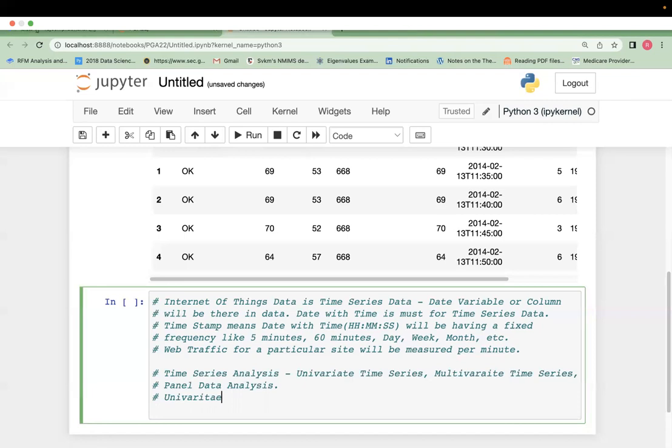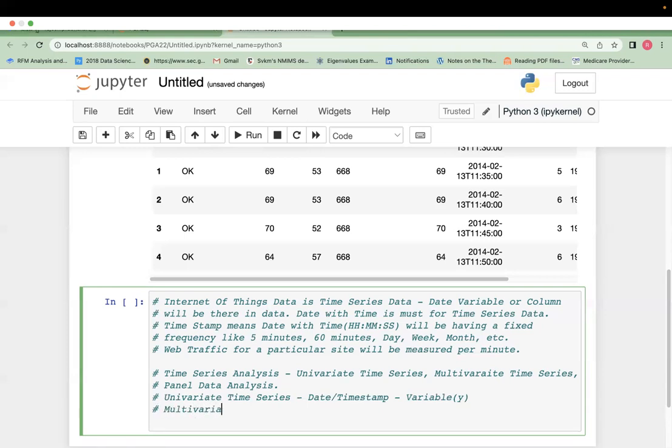We will first work on univariate time series. In univariate time series, there will be a date or timestamp and a variable y. So in univariate time series, there will be only two columns: date or timestamp and variable y.